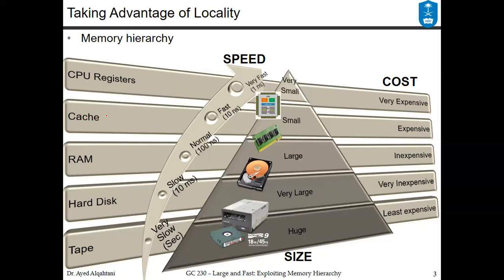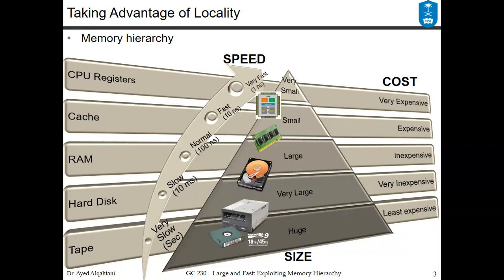Caches usually are level 1, level 2, level 3, and then we move to the main memory, or as we call it, RAM, for random access memory, and then we have the hard disk, and after that, we have the tape drive. In terms of size, the tape is very huge, the hard disk is very large, and then the RAM is just large, the cache is smaller, and the CPU registers are very small in size.